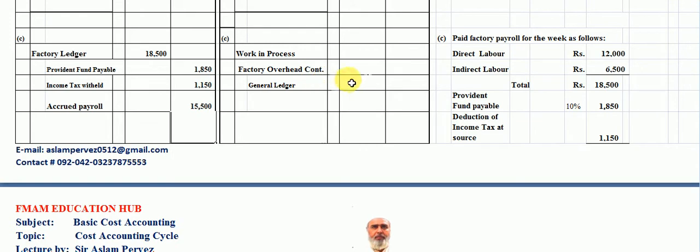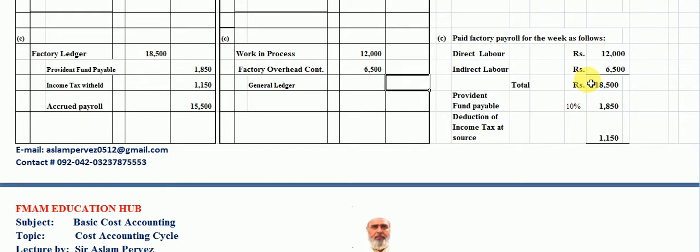Now we move to the book of factory, where direct labor cost is charged to the work in process account, which is the amount 12,000 rupees, and indirect labor cost is charged to the factory overhead control, which is the amount 6,500 rupees here.